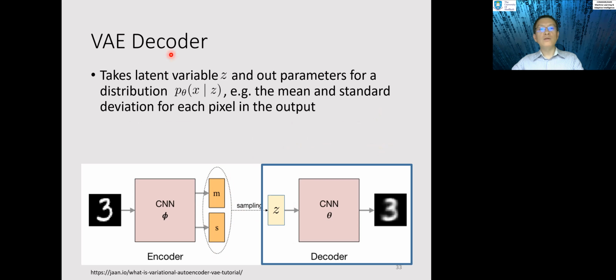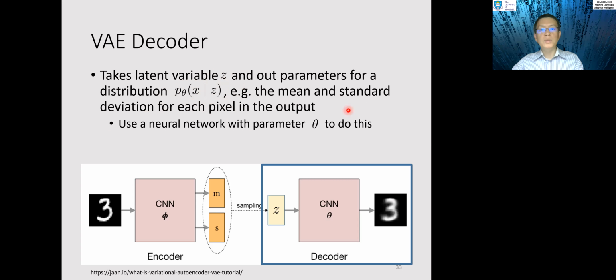And then let's move on to the decoder. The decoder will take the latent variable Z, and then it will output parameters for a distribution p theta of X conditioned on Z. For example, if we also use Gaussian distribution, this will be the mean and standard deviation for each pixel in the output, in the example of the image.